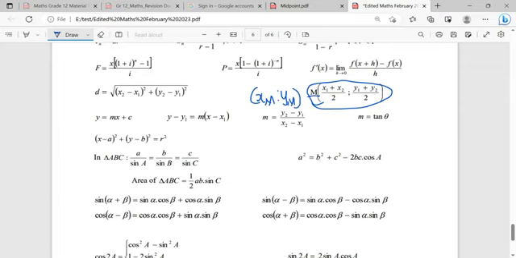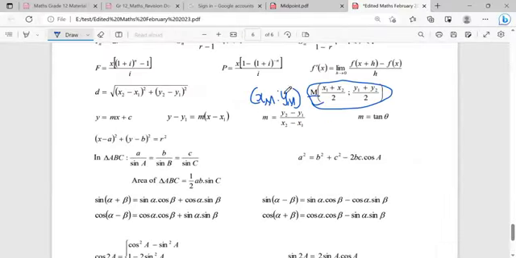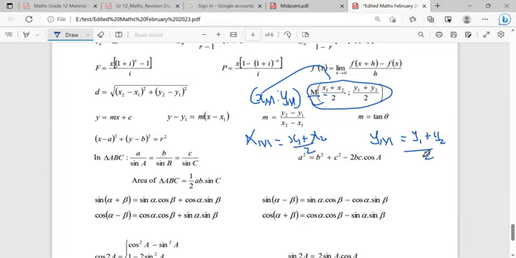Preferably, I would say to learners, take that formula and break it apart. So x of the midpoint is given by x1 plus x2 divided by 2, and y of the midpoint is given by y1 plus y2 all over 2.